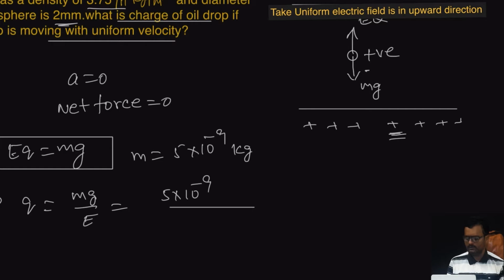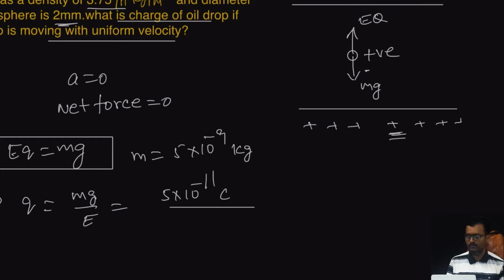When 100 goes to the numerator, it becomes 10 power minus 2, minus 10 power minus 2, minus 11. So this is 5 into 10 power minus 11 coulomb. So the charge of the oil drop is 5 into 10 power minus 11 coulomb.